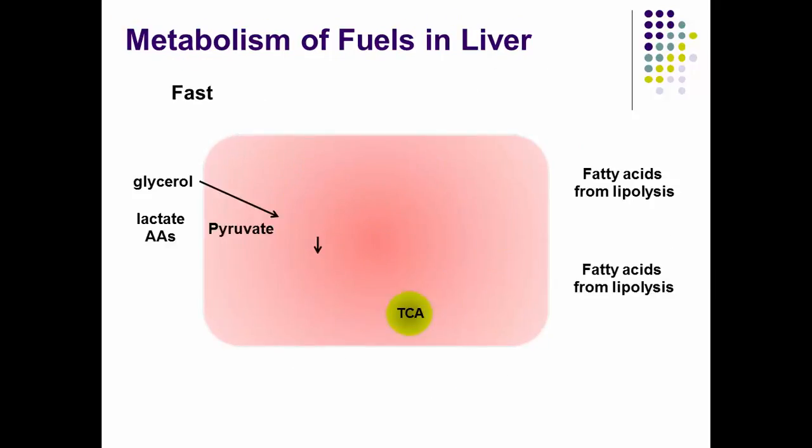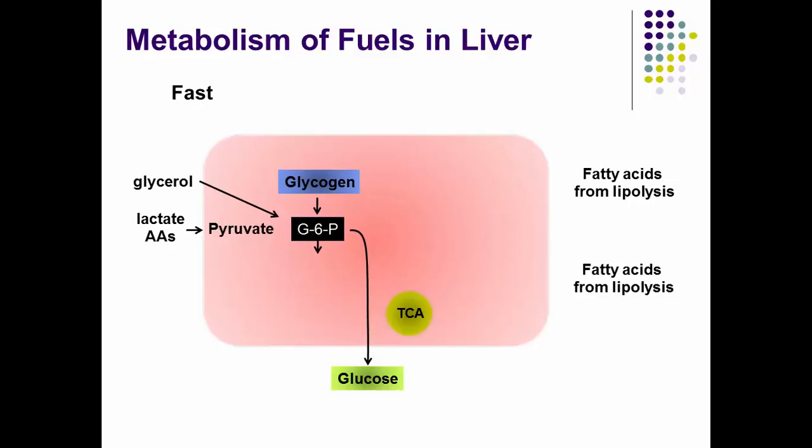And in the fasting condition, of course, glycogen breakdown is the most important and occurs first during fasting, right? Glycogen is broken down, releasing glucose directly into the circulation, and the gluconeogenic pathway is also activated, right?